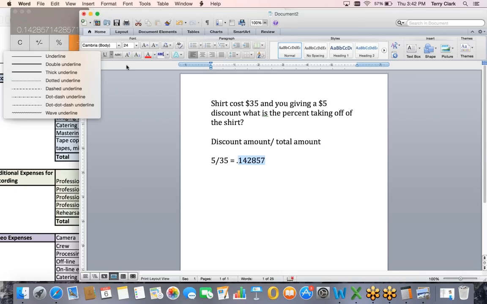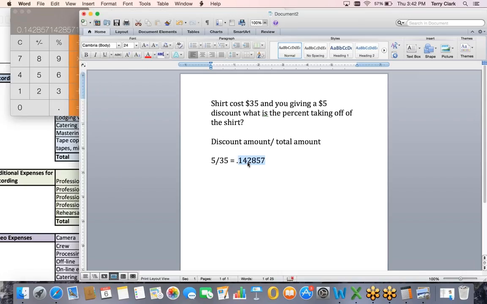I see a bunch of underlines, but that's going to have a repeating bar over it. So we'll end up moving it, and that's going to be 14.2857%. That's supposed to have a repeating bar over it because it's repeating, but you can just leave it at 14.2857%.